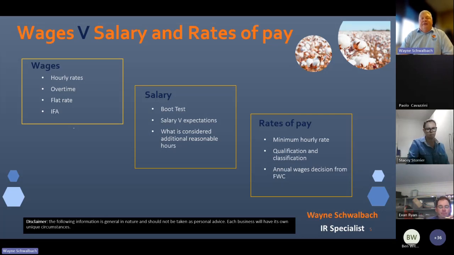You can vary their working hours without penalty. You can adjust their overtime without penalty. You can adjust their penalty rates, their allowances, and one that I've never seen used, but it's in the system there, you can adjust their annual leave loading if they're a full-time or part-time employee, to change it from the 17.5%.